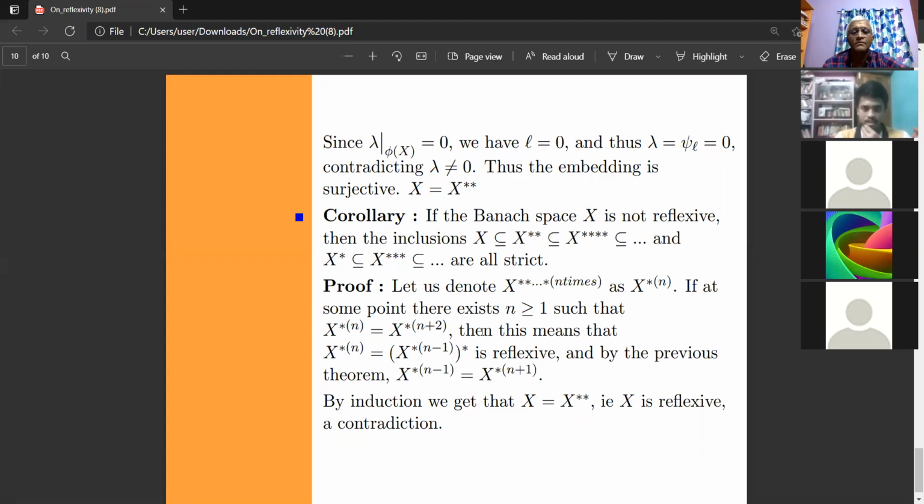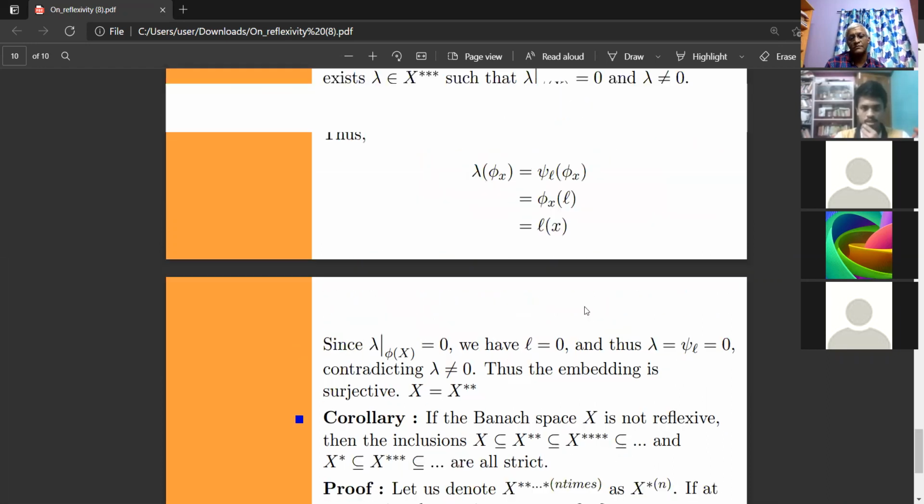Suppose at some n greater than or equal to 1, where I represent the n-fold dual as H star n, we have that H star n is equal to H star n plus 2. Then this means that H star n minus 1 is equal to H star n plus 1, because H star n is equal to H star n minus 1, star.